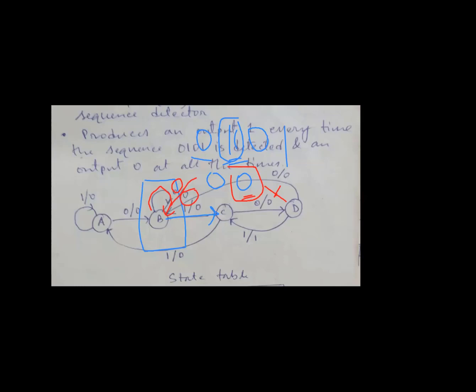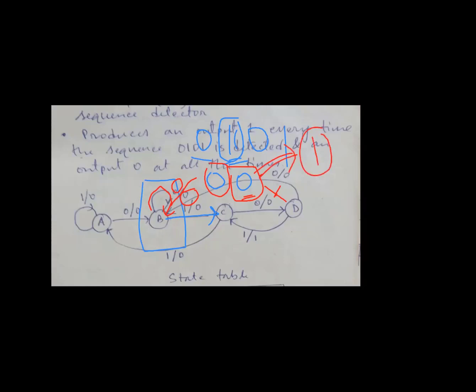And one question, why we stay over B for this 0? Why have we made a self loop over B for this 0? Because after this 0 we need a 1. In place of this 0 we need a 1.